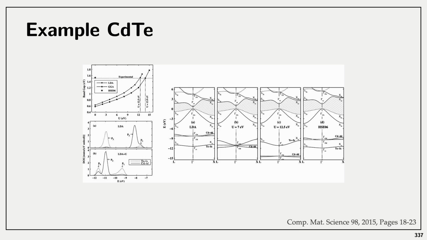Now, if you compare C and D, the band gap between hybrid functional HSE06 and LDA plus U with a large U of 12.5, you see the band gap is similar. Unfortunately, the ordering of the bands is not correct.